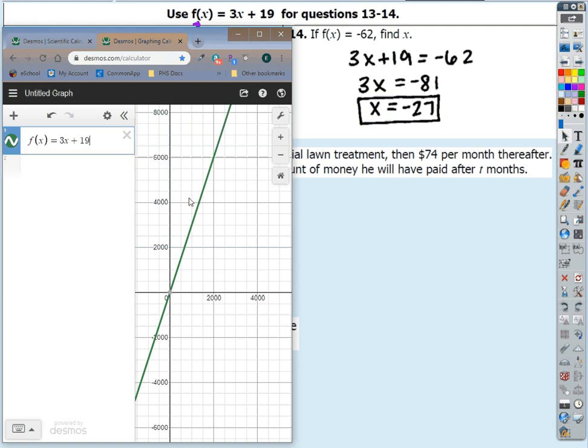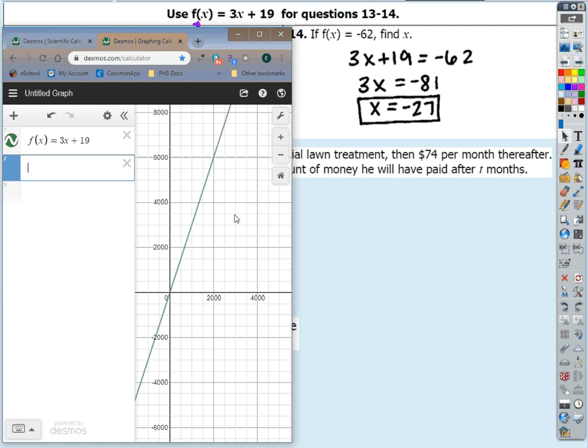And then I want to know where the output of that function is equal to negative 62, okay? So what do you think I'm going to graph next? F of x equals negative 62. Okay, but instead of f of x, I already defined f of x as 3x plus 19, but you're on the right track. I'm just going to call it y, right? Because the output is a y value, isn't it?